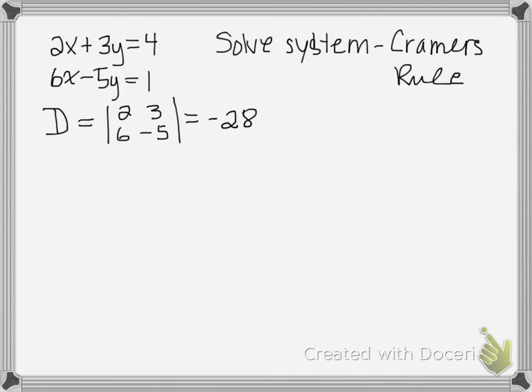Now I'm going to have a determinant D sub x, and that's going to be the square matrix again, written like that matrix D that I just had, but I'm going to replace the part that I want to solve for.